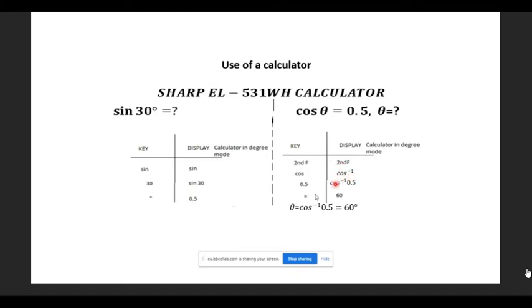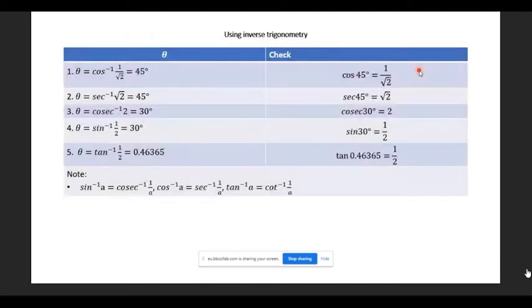Then you press 0.5, and if your calculator is in a degree mode, once you press equal to, you are going to get 60. Because your calculator is on a degree mode, we conclude that theta is arc cos of 0.5, which is 60 degrees.